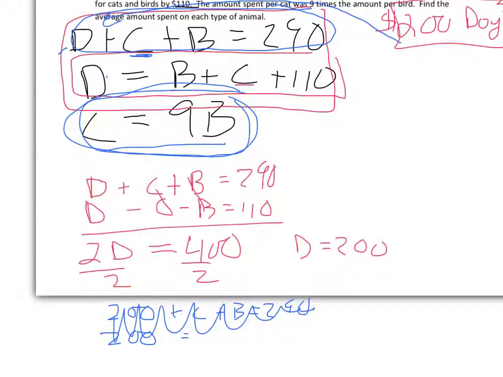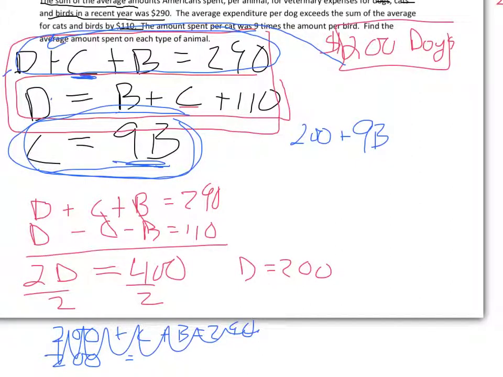So plugging the 200 in for dogs, and since C equals 9B, plugging 9B in here, plus another B equals 290. This is going to get us a lot of mileage. Now we just have an equation with B, which is easier than plugging them in the other way.